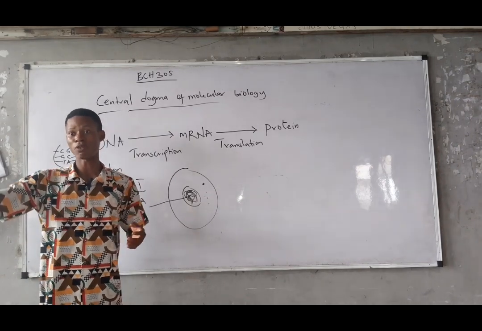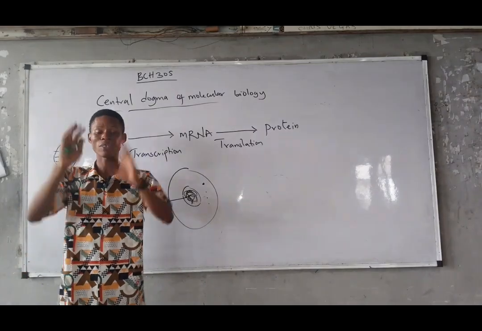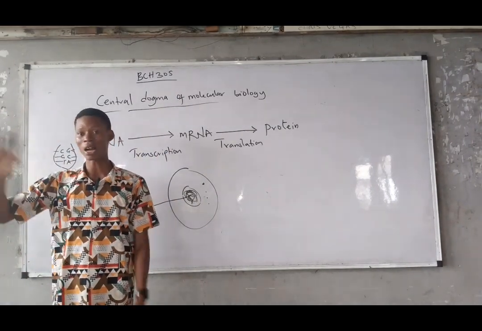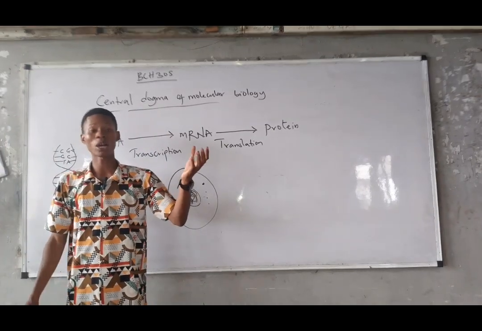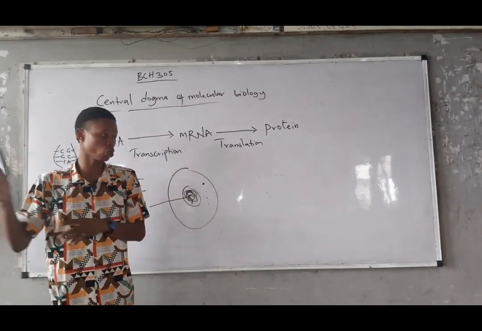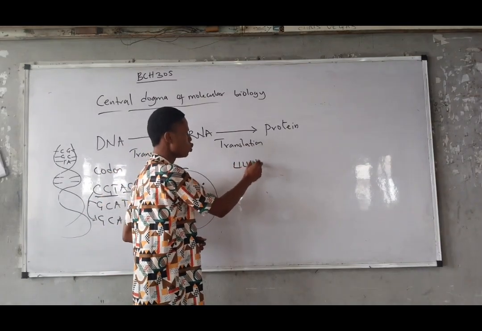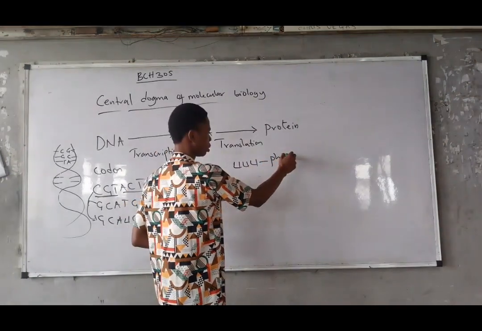If you want to know how you get the 64 codons, how to remember how each codon codes for an amino acid, it is right there in my channel with the acronym. Go there and watch it. Now, for example, UUU codes for the amino acid phenylalanine.